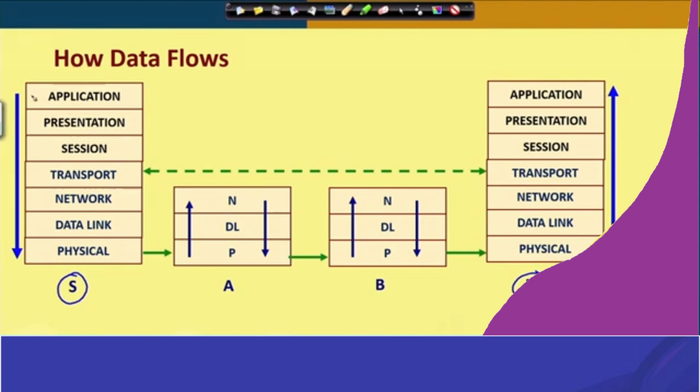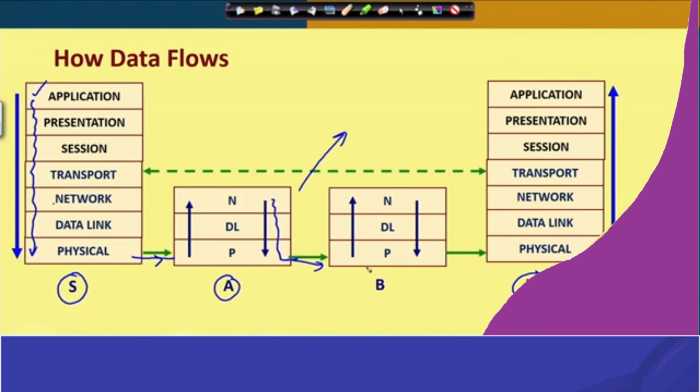The data starts from the application, flows through these 7 layers, application to presentation to session to transport, network, data link, physical, and once it reaches the physical layer, it actually gets physically transmitted to the next node A. In the next node, it goes to the data link layer to check whether there is any error, to network layer to check where to forward it next, then it takes the decision, again comes back to the physical layer and forwards it to the right next node, because there can be some other node also connected to this.